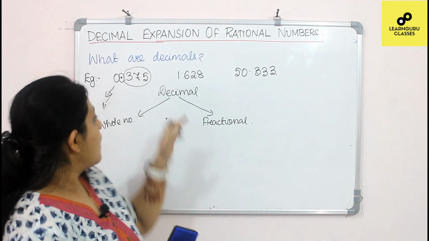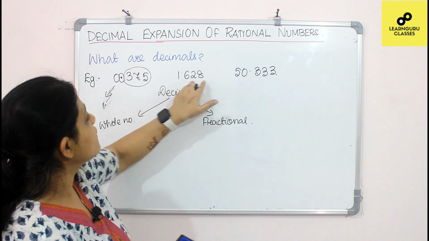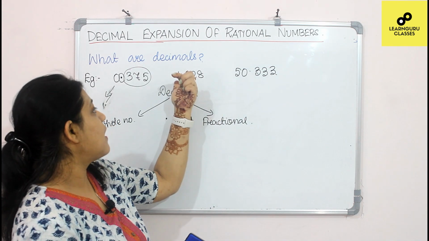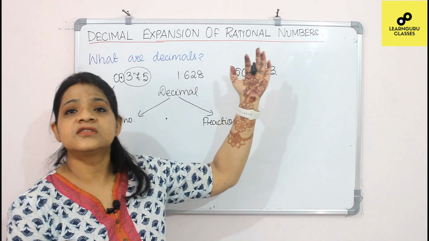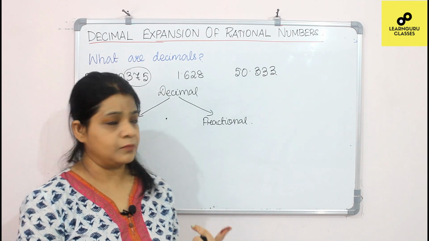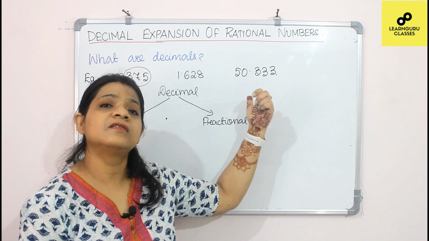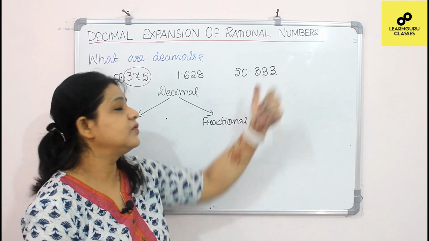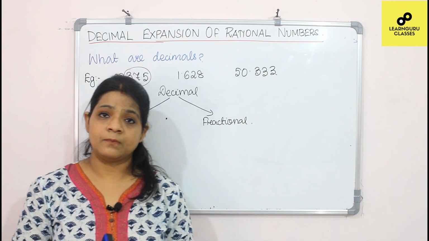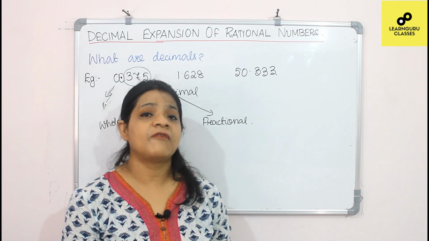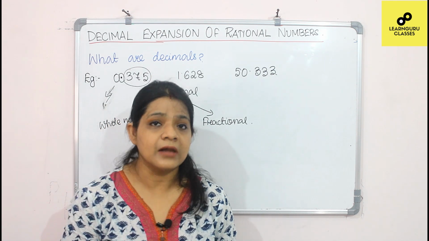Or let's come to 1.628. 1 is the whole number and 628 is the fractional part. And 50.333, yes, 50 is the whole number part and 333 is the fractional part. So this is how we define any decimal number.